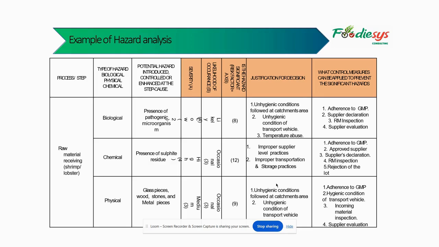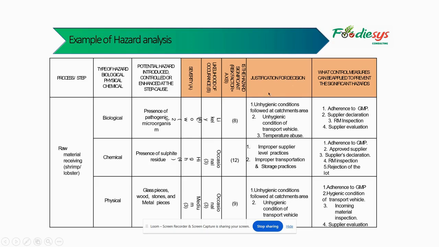Then we can justify the decision, how it is 8, why it is 8, and what control measures could be taken to prevent the hazard or reduce the hazard to a significant level. This is an example for a single processing step. In a similar way, we need to do it for all the processing steps.